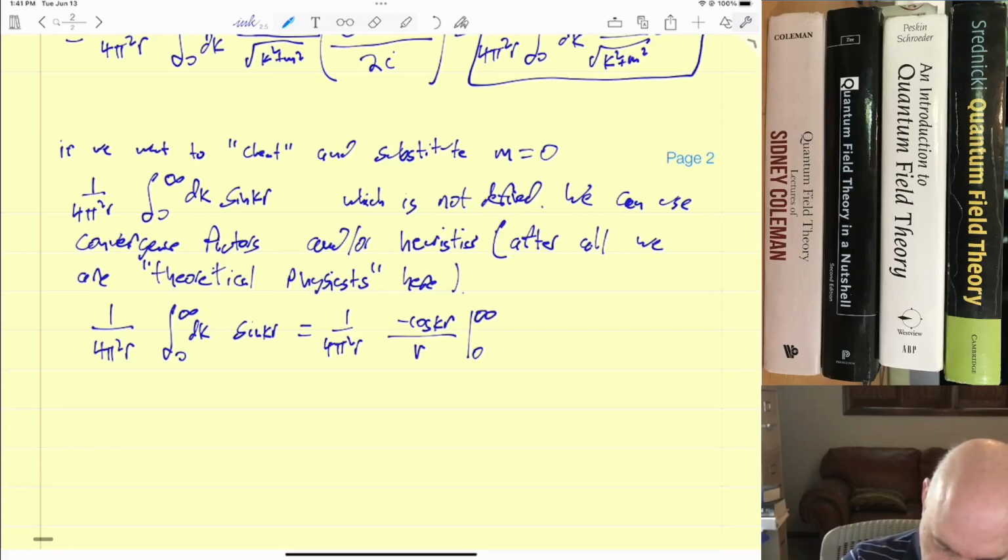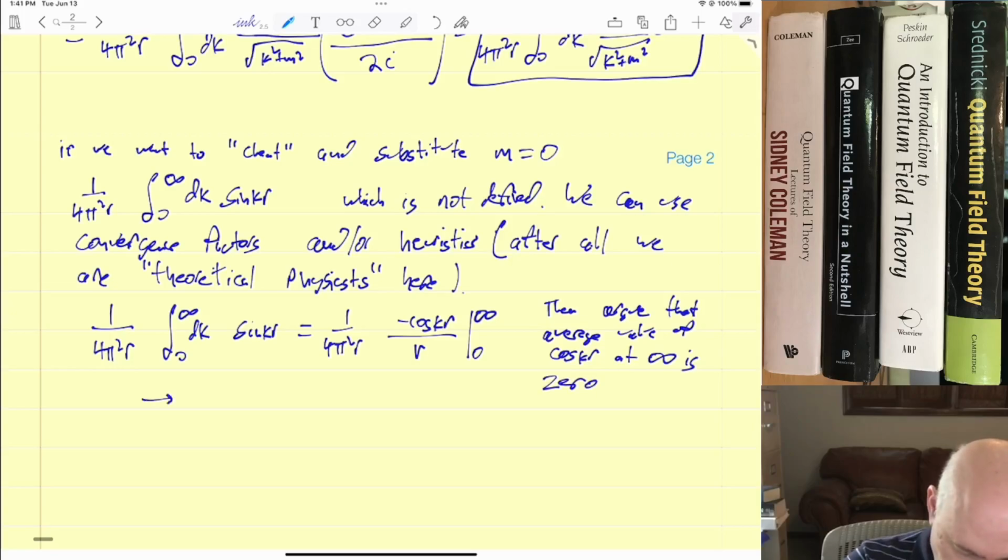And then you can argue that the average value of cosine kr at infinity is 0.